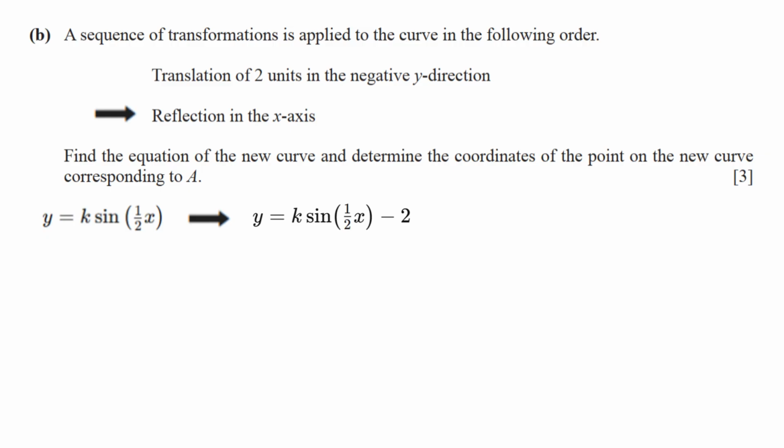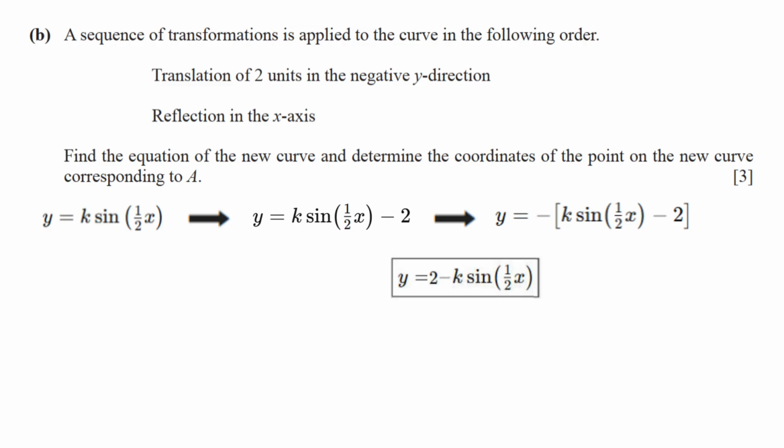The next transformation is reflection in the x-axis. Reflection in the x-axis means f of x will become minus f of x. So y is equal to minus of k sine 1 over 2x minus 2, which is equal to 2 minus k sine 1 over 2x.